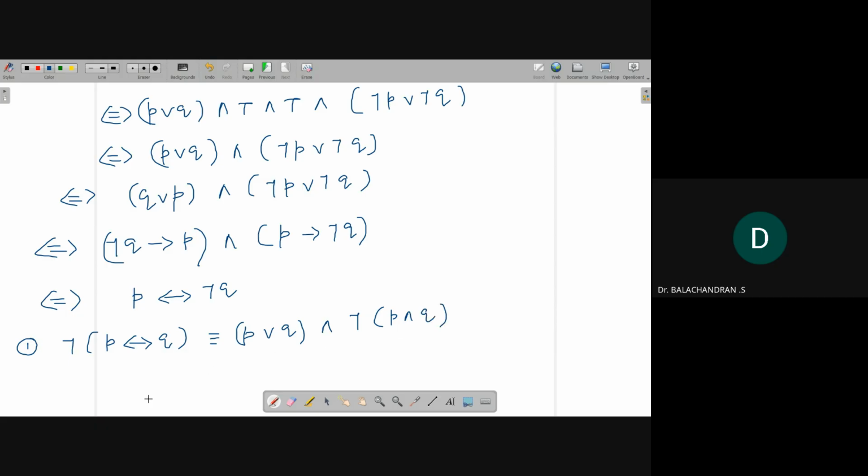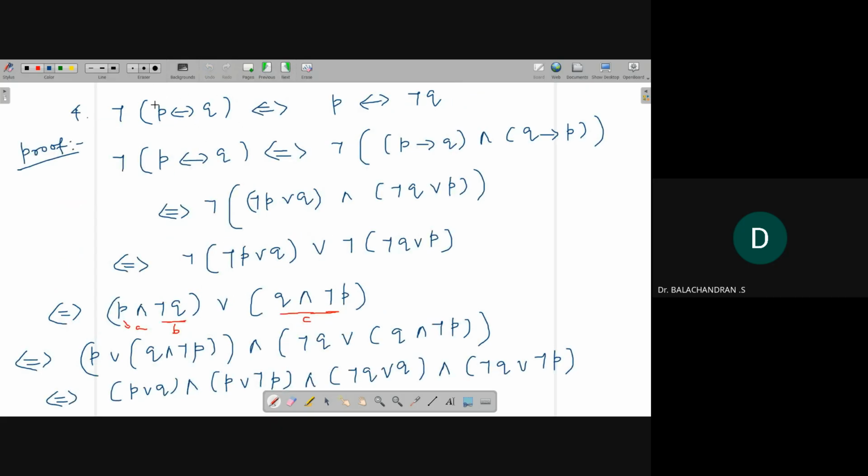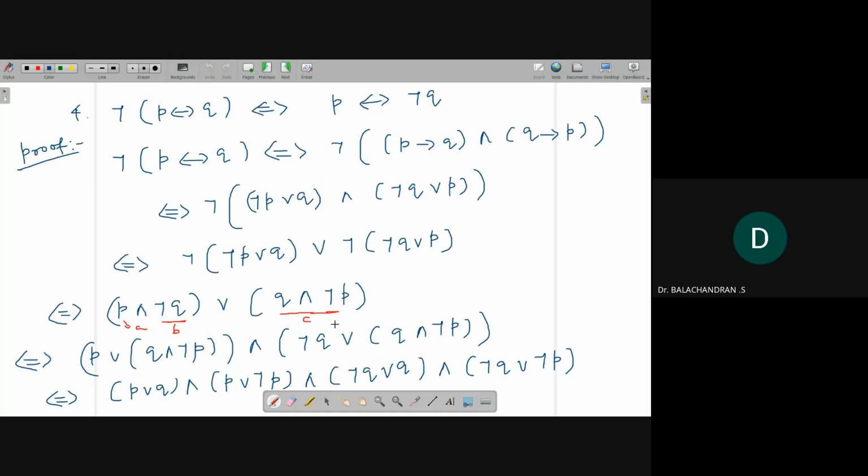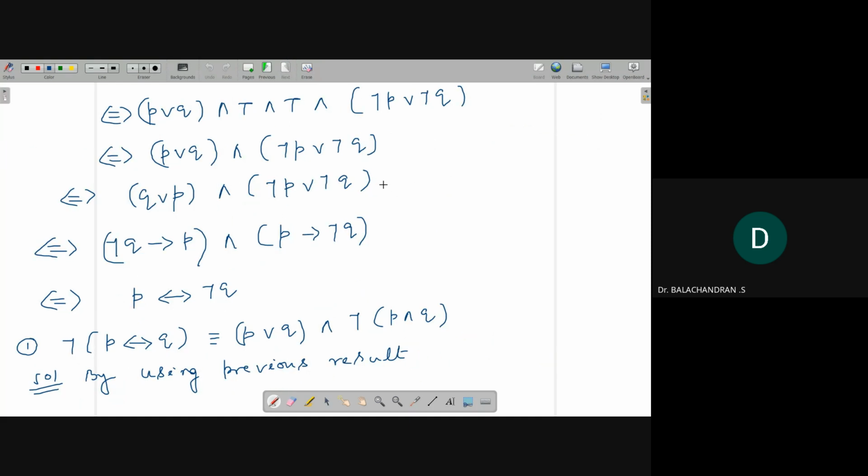Okay, so by using the previous result, because the previous result's left hand side is what? The negation of P biconditional Q. By using the previous result, actually you need to write everything from here to here, up to this step.